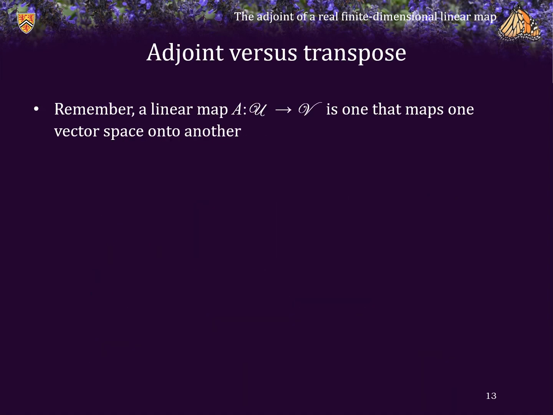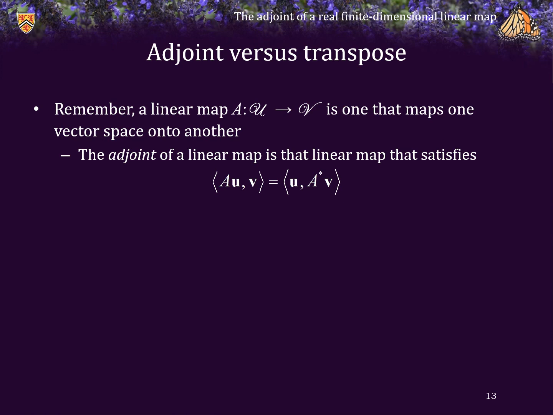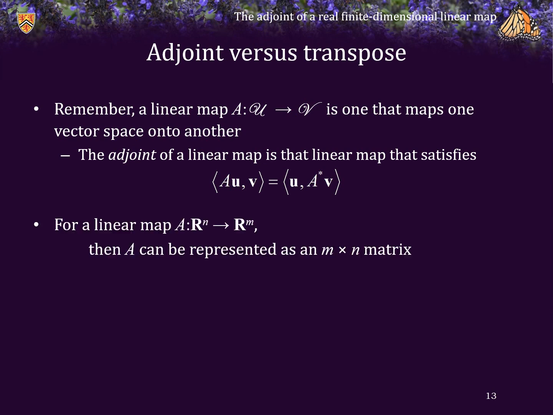Now, comparing the adjoint and the transpose, remember that a linear map A mapping a vector space U to a vector space V is simply a linear map from one vector space into another. The adjoint of that linear map is a linear map that satisfies this equality.